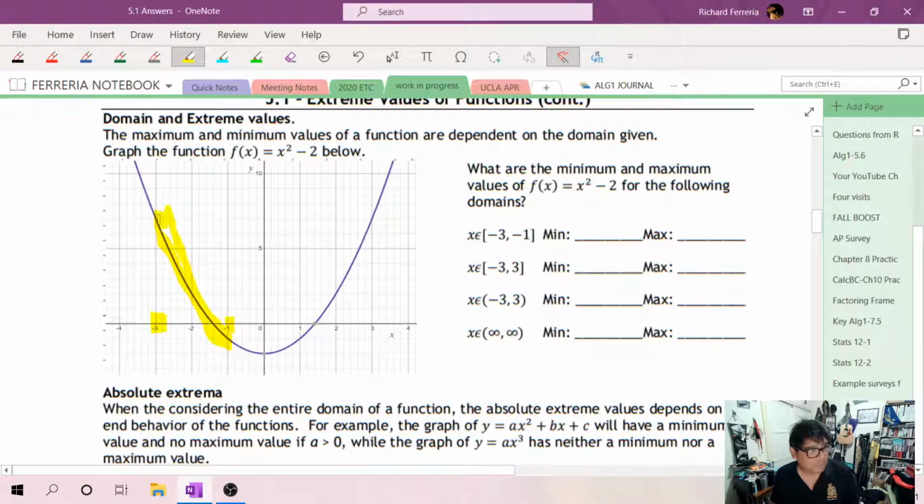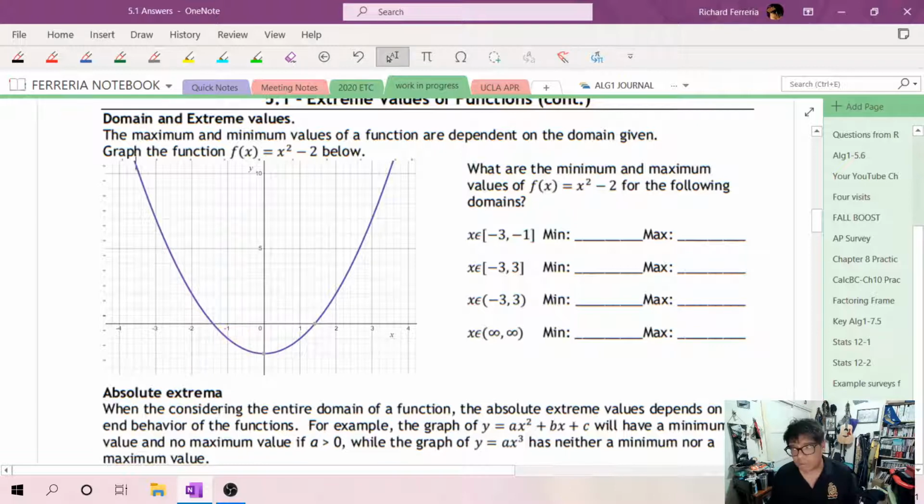Visually, what is the maximum y-coordinate of that curve? That's right up here. There's our maximum, which looks like about 7. And where's our minimum? It's going to be hard to see.